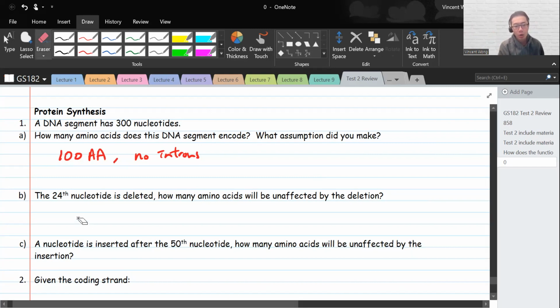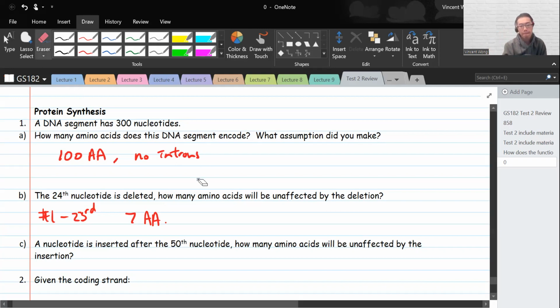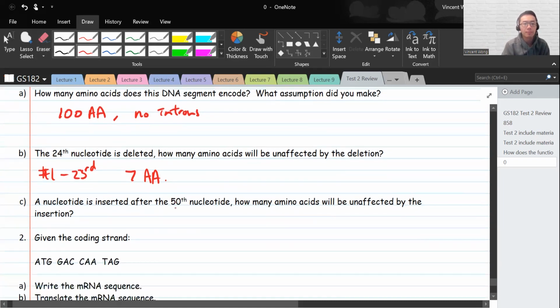Okay, so that number 1 to 23rd, they are going to be okay. And if you divide this by 3, you get 7 amino acids plus 2 nucleotides, of course, right? But then that's going to be the 8th amino acid, and since you deleted the 24th, that's going to be a different one. So 7 of them will be unaffected.